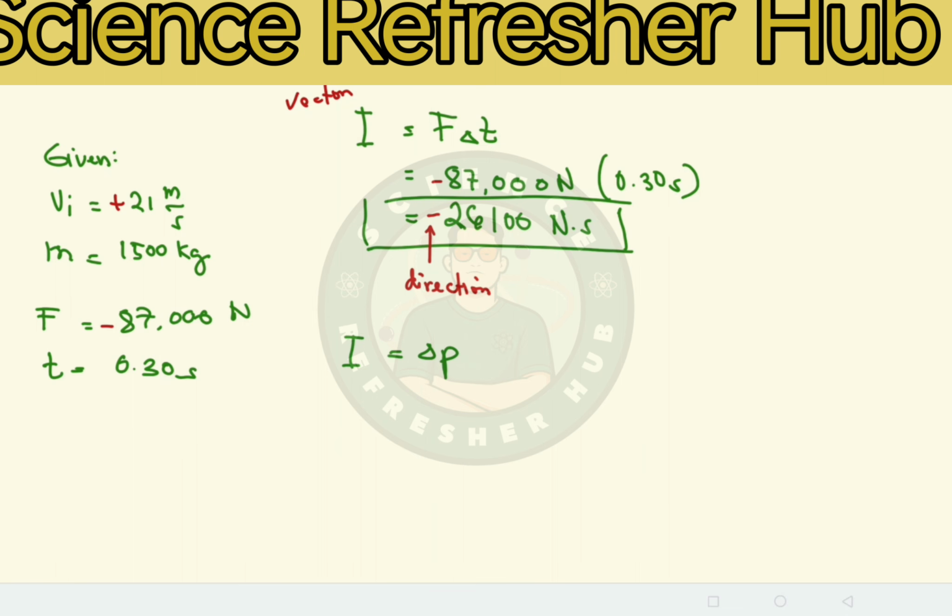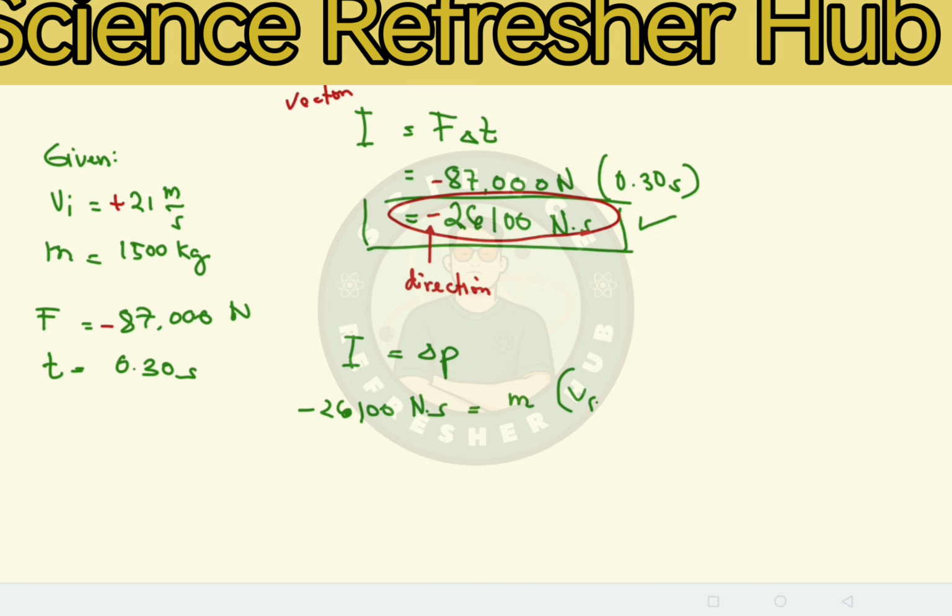So impulse, we know the value of impulse done by the horse. It's going to be negative 26,100. It's this value. Don't forget the unit, Newton seconds, equals the change in momentum.